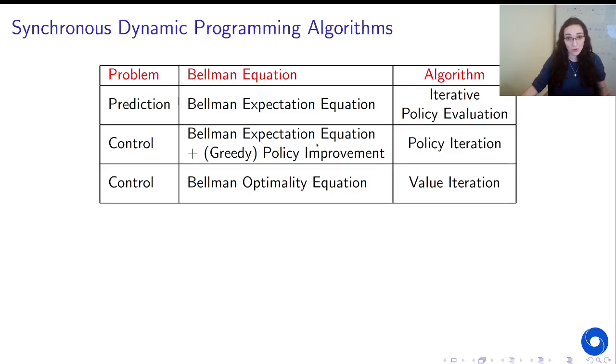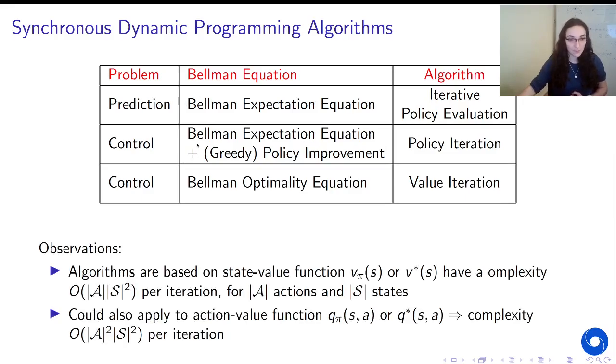One relies on this principle of evaluating the policy and improving it, and then evaluating this improved policy and improving on that one, and so on and so forth. The last algorithm that we talked about, the value iteration, uses the Bellman Optimality equation to go directly for the optimal value function.